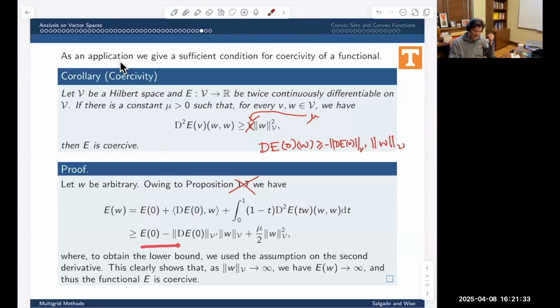And now I'm just going to examine this function. This function is just a function of the norm of W. Now the norm of W can't be negative. It can only be positive.